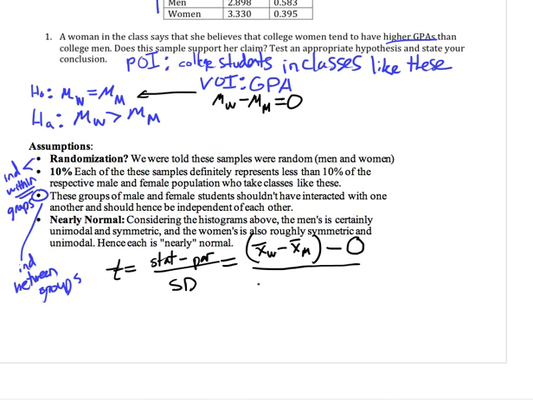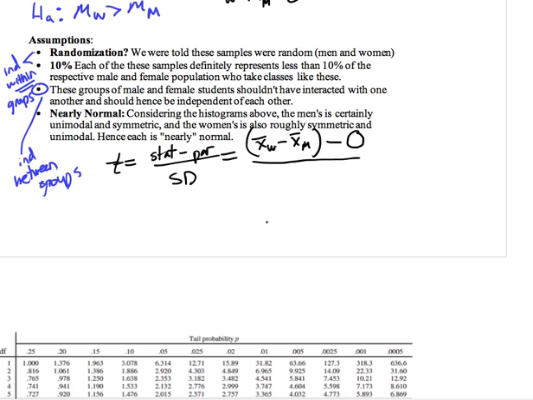And then from my AP Stats card, I'm going to pull out the proper standard error for this, the estimate for that. So the only way I can estimate this is using the sample standard deviation for, let's be consistent here, the women, square that, divided by how many women were in my sample, and do the same thing for the men.